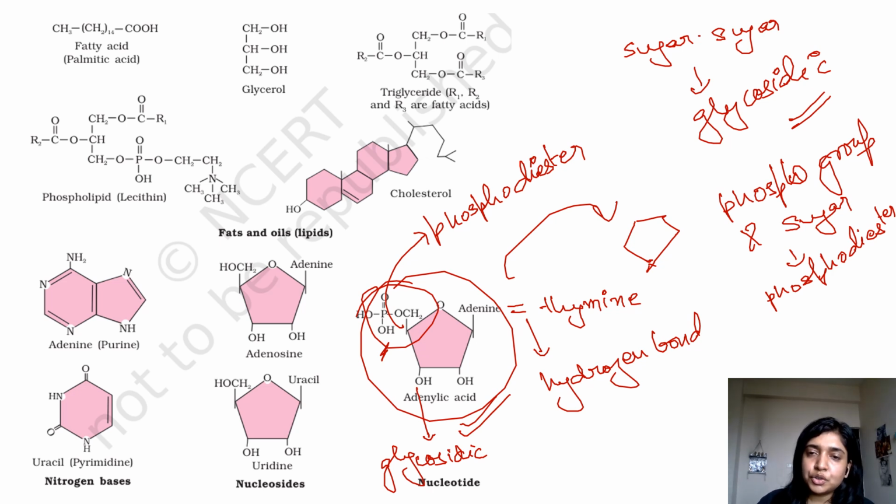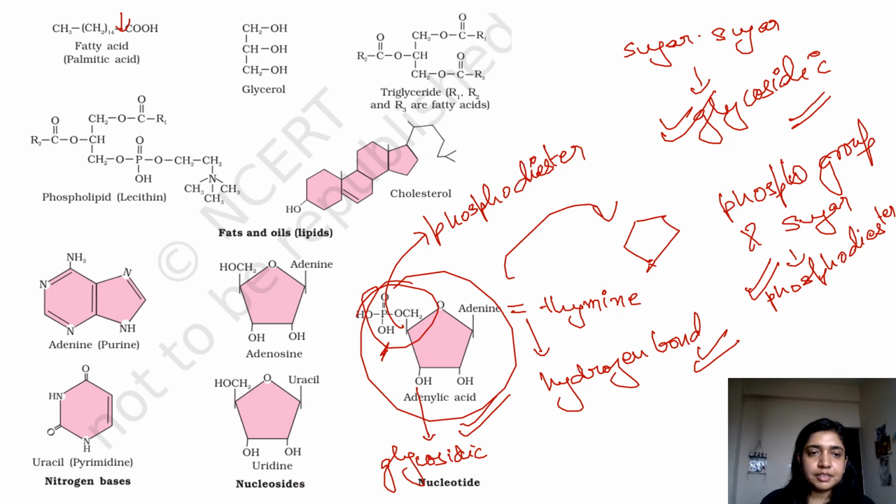So your nucleotide will have a glycosidic bond, it will have a phosphodiester bond, it will also have a hydrogen bond. So nucleotides will have three types of bonds. All right. When we are talking about lipids, they have just normal covalent bonds.